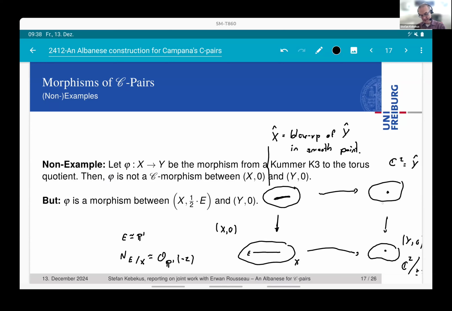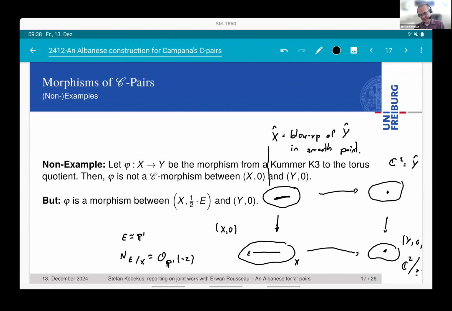Here, it's very interesting because the branch and ramification locus, they are points, and reflexive hulls don't see points. So if you work out the definition of adapted differentials, you find that on y hat, any differential is adapted. Because away from the singular point, your morphism is étale.